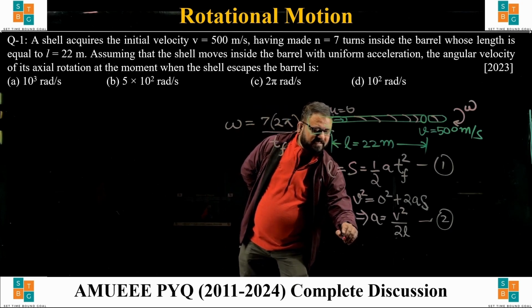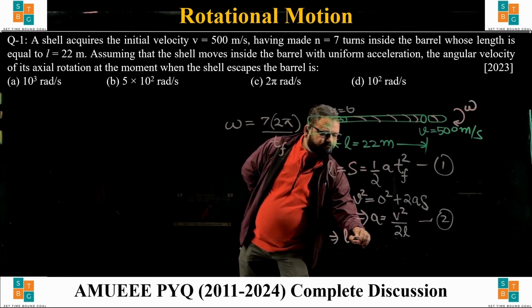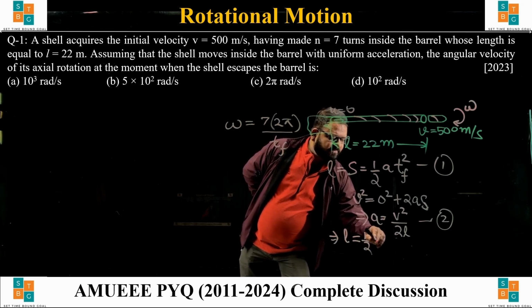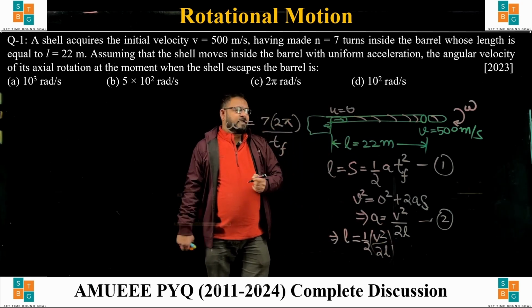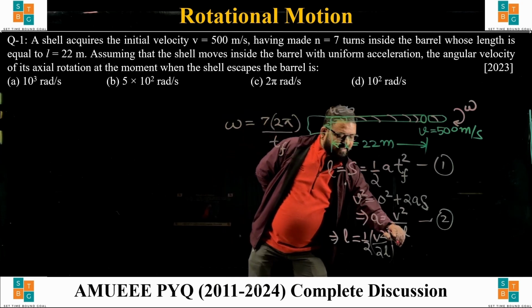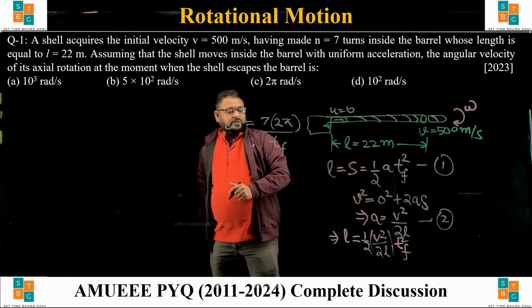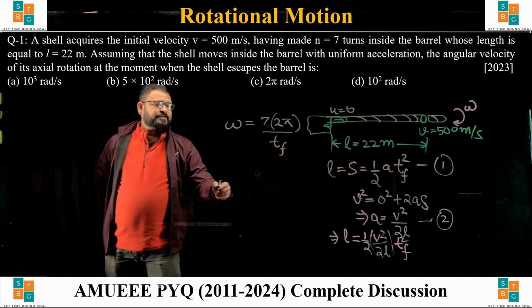So you will get L is equal to half, A is V square by 2L, right, and then multiplied by time of flight squared. Now from this we can easily obtain the time of flight.